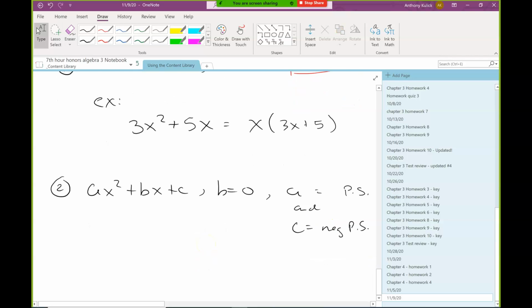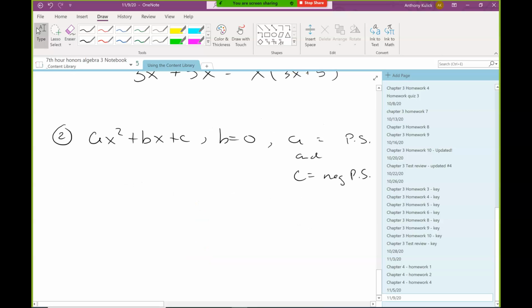So the second shortcut situation is where we have a standard form quadratic where the b value is 0 and the a coefficient is a perfect square and the c coefficient is a negative of a perfect square. So PS is just me abbreviating perfect square. So for example, well, I guess we should write this then.